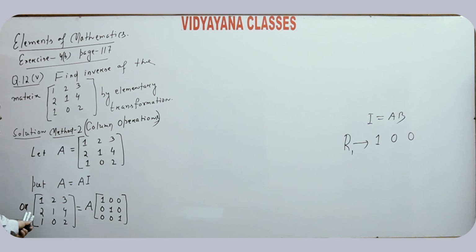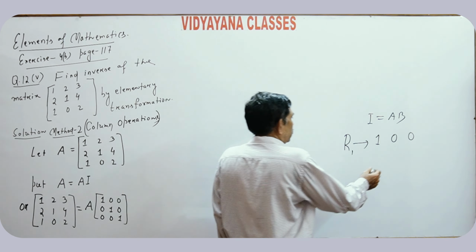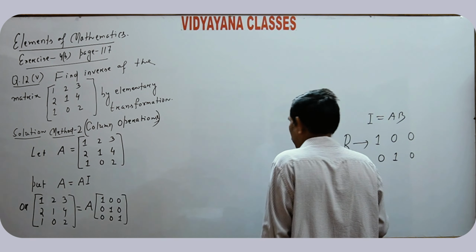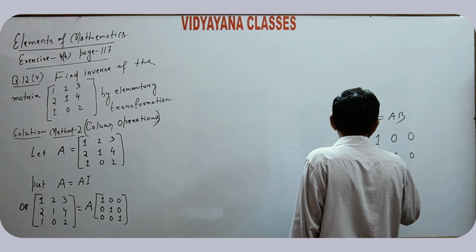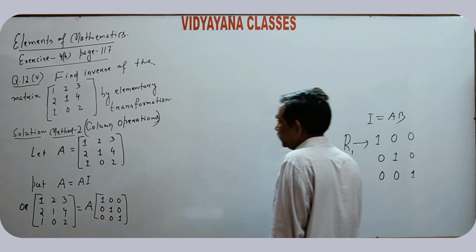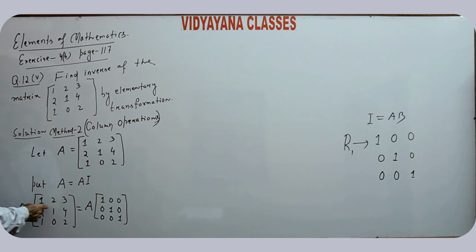Then we will change the elements of row 2 to 0, 1, 0 and then the elements of row 3 to 0, 0, 1 using column operations. First we will change the elements of row 1 to 1, 0, 0 using column operation.